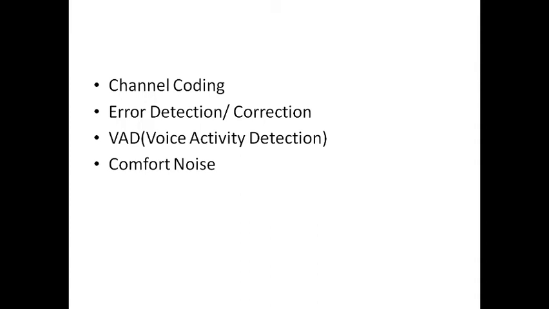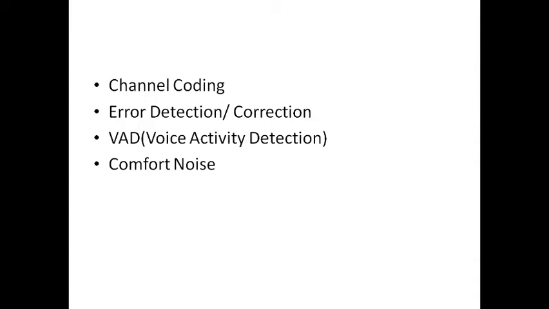And the next one is error detection and error correction. This is performed by the technique forward error correction only. Okay, this is already discussed in bearer services, in non-transparent bearer services. And the third one is VAD, voice activity detection.